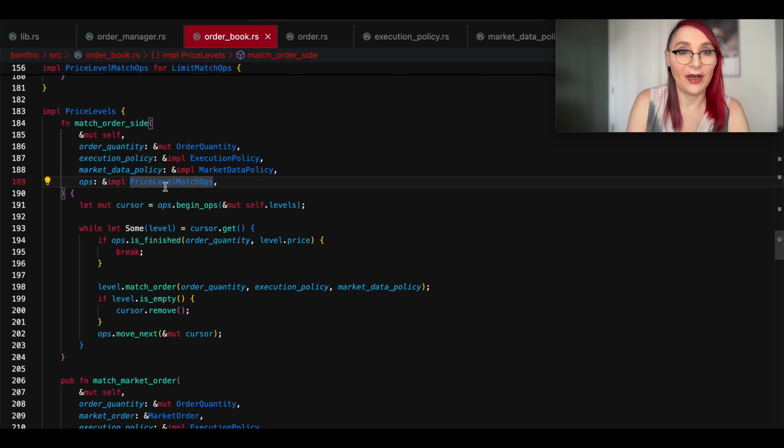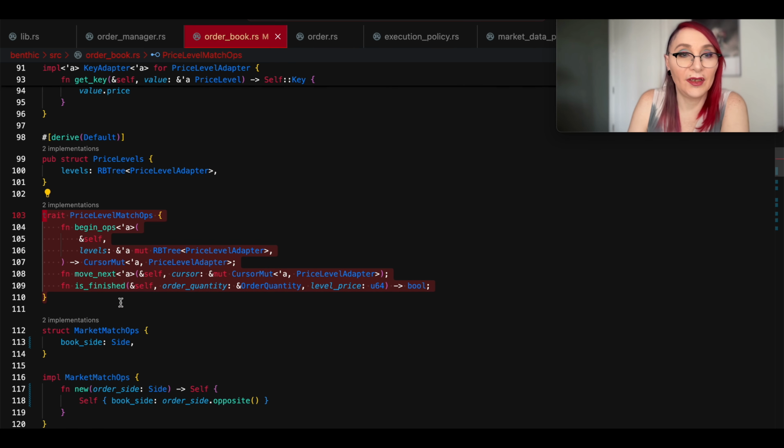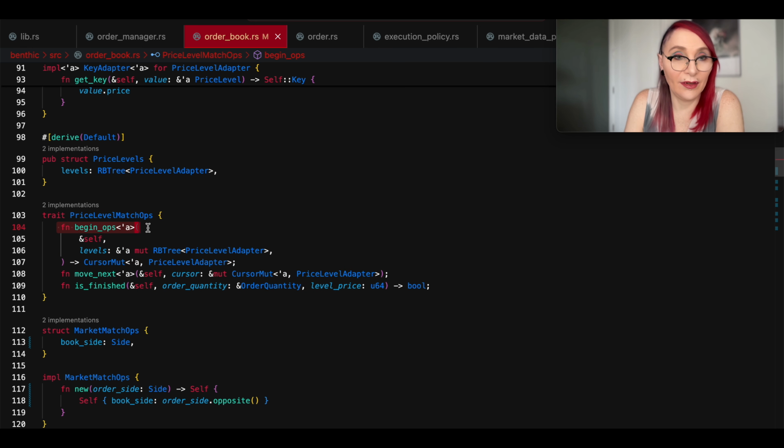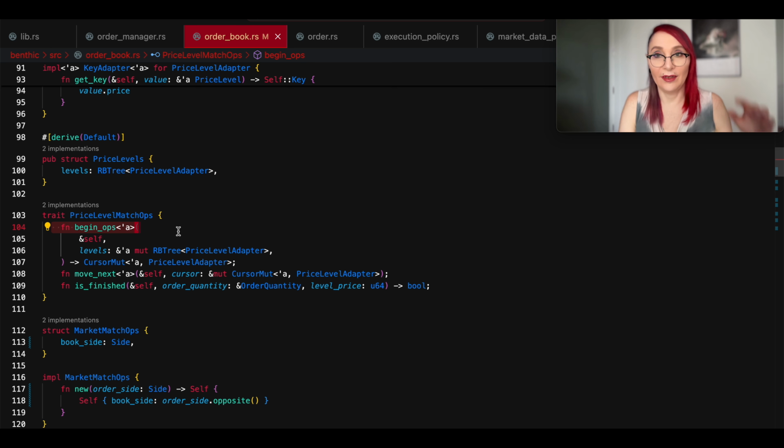So if I look at the price level match ops, what does it look like? It's a trait with begin ops, move next, and is finished. So begin is going to tell us where is the beginning of our arbitrary. Is it at the front or at the back of the tree?